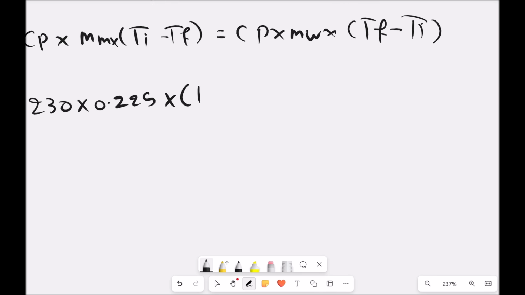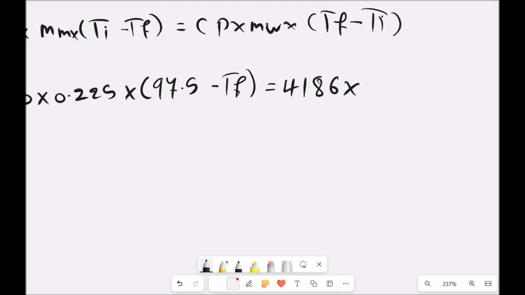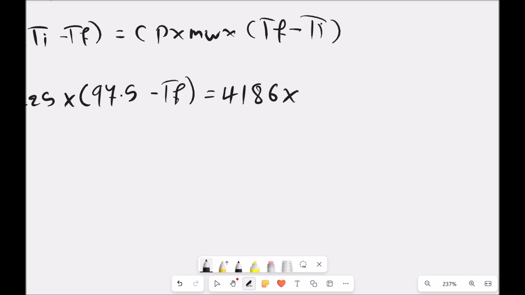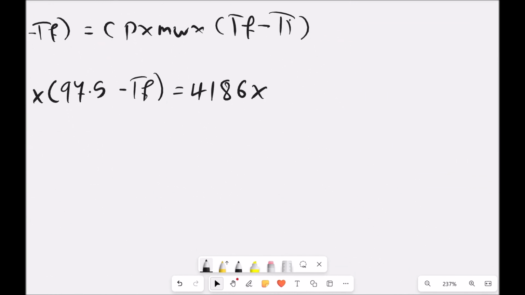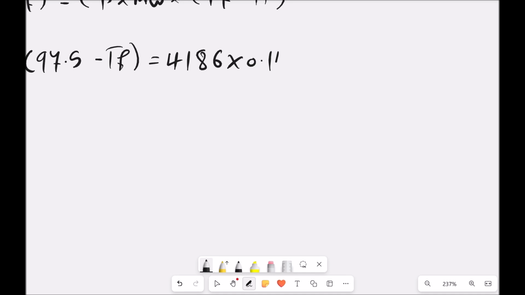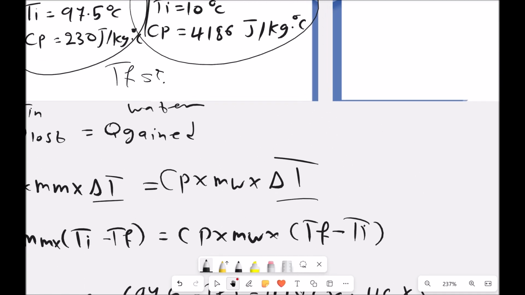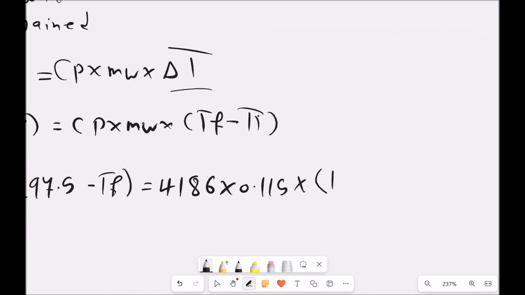So T initial of the tin is equal to 97.5, then minus T final. Cp for water, we have 4,186 times mass of the water, let's check, 0.115, times T final minus 10, since T initial for water was 10.